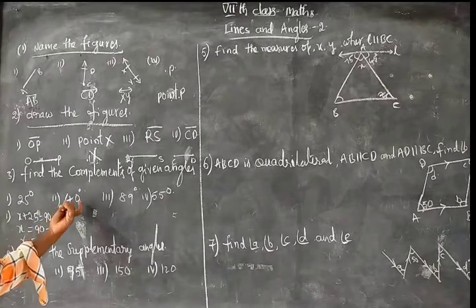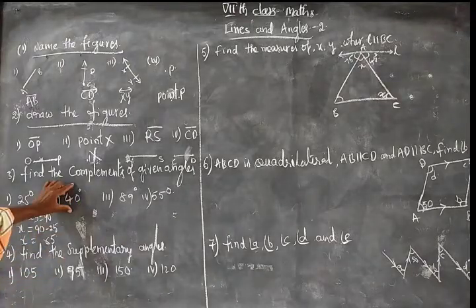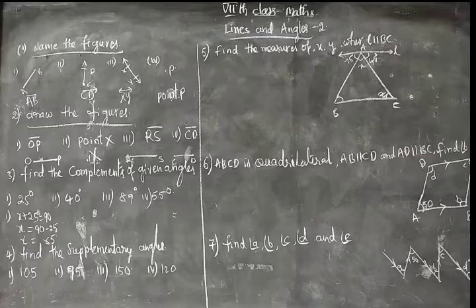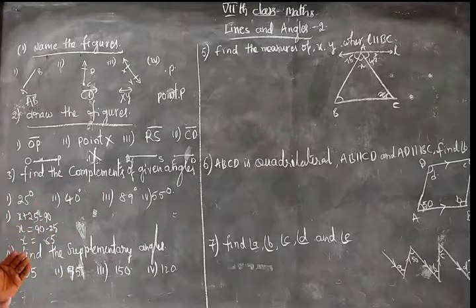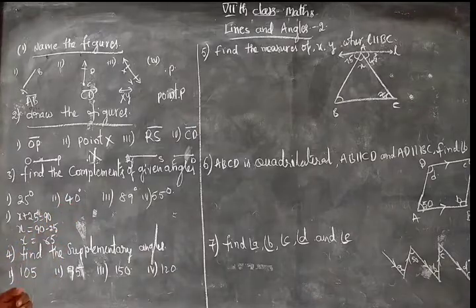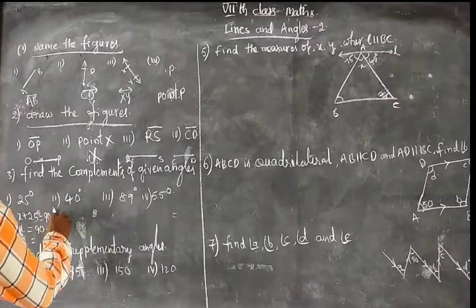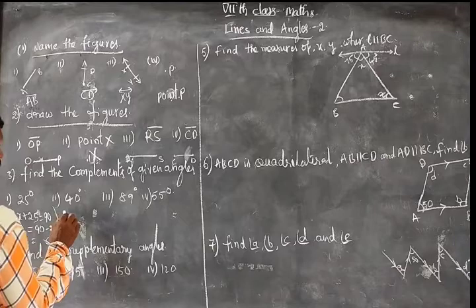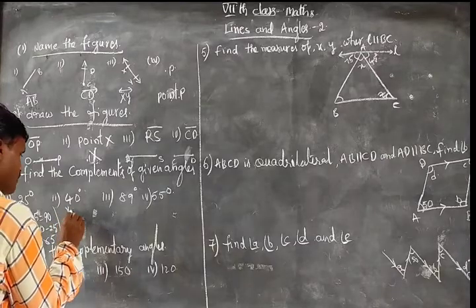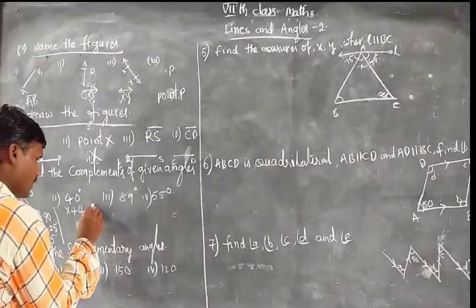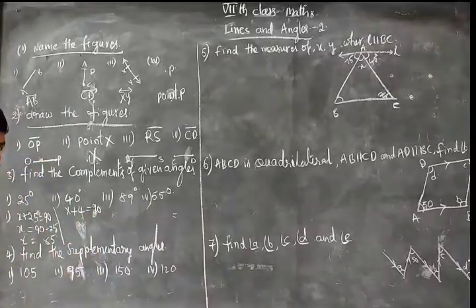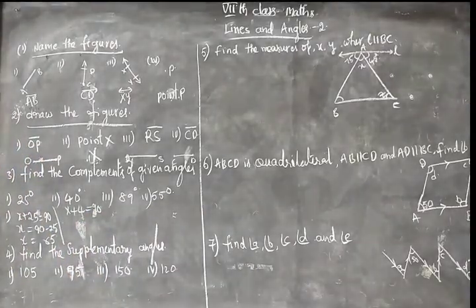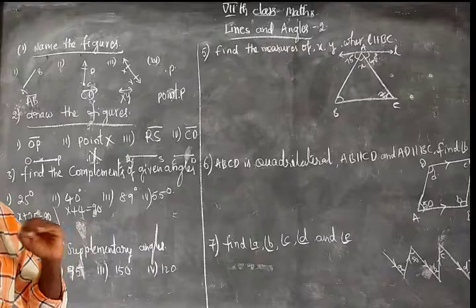Then we have to see the second one. One angle is given as 40. We have to find the other angle. He directly gave that they are complementary. Complementary means x plus 40 is equal to 90. Why did I write x plus 40? Because the sum of two angles is 90.